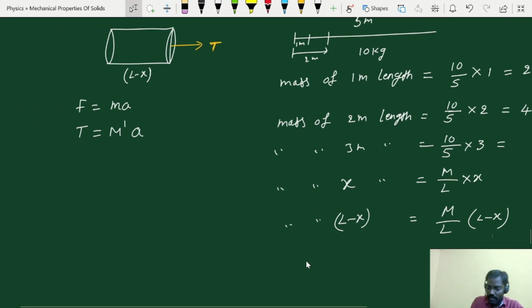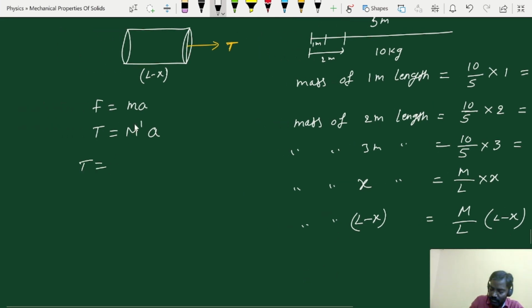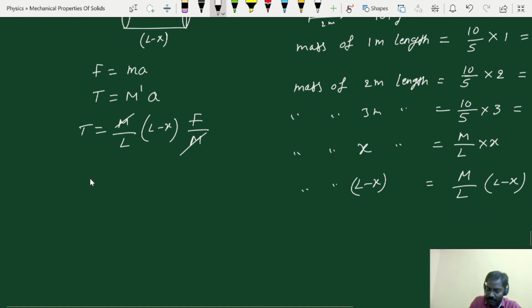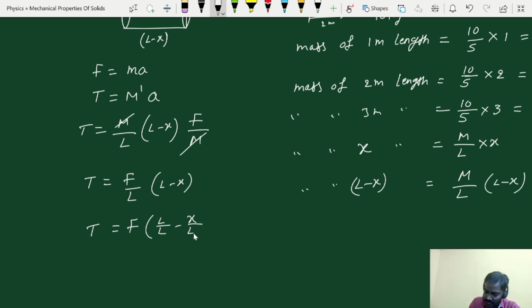So here the mass of the L minus x part is mass per unit length into the length L minus x, into acceleration, which is force by mass. M cancels, T is equal to F by L into L minus x, sending L inside, that is F into 1 minus x by L.